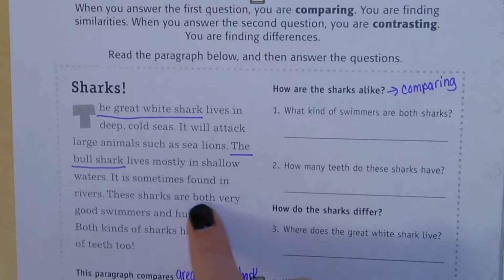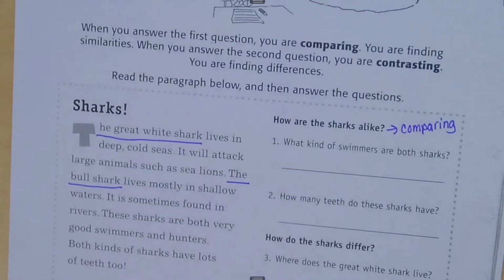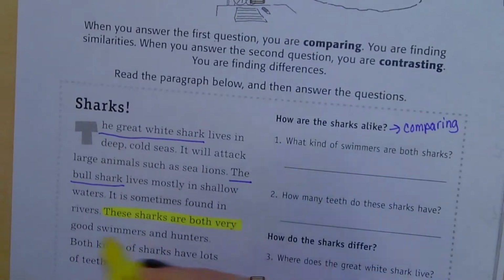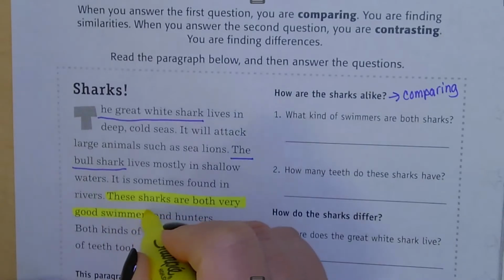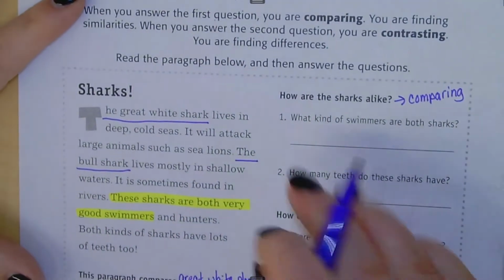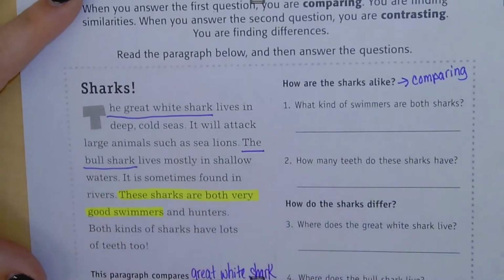These sharks are both very good swimmers. Let me grab my highlighter so we can do a better job of marking these things. Okay. So it says these sharks are both very good swimmers. Because that's all it's asking about, right? What kind of swimmers are both sharks? Very good swimmers.